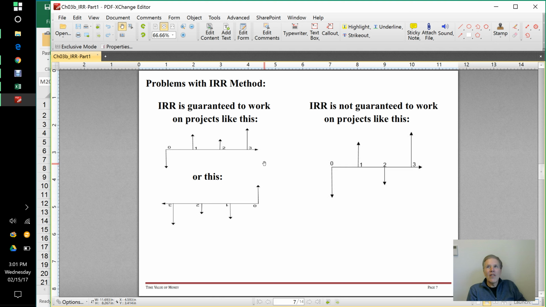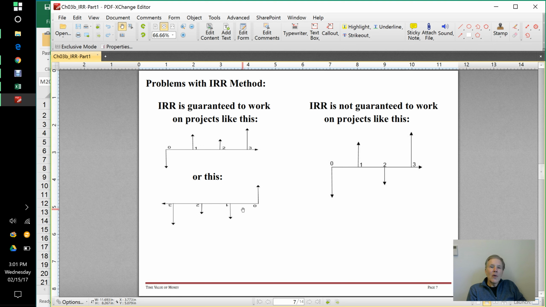In other words, it's a little bit of a sticky wicket, but what they mean by guarantee is if we can find the smallest real root of the polynomial or the real equation, then that is the correct IRR.